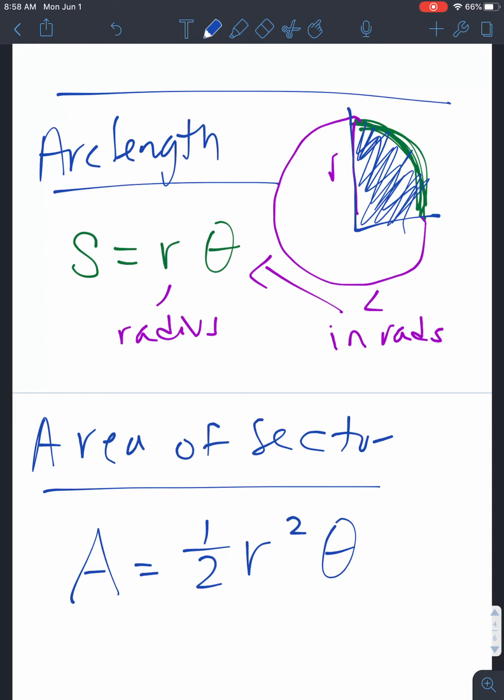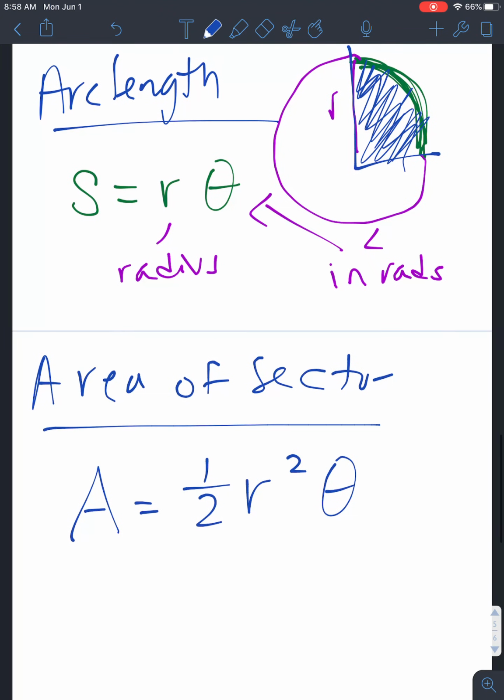And that theta, again, has to be in radians. That's why you don't see any pi's in here. Normally you'd see a pi based off of how much of the circle we were taking. So 1/2 pi r squared would be half the circle.